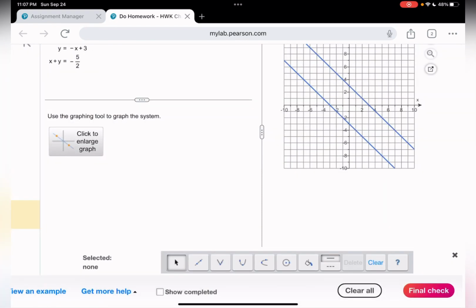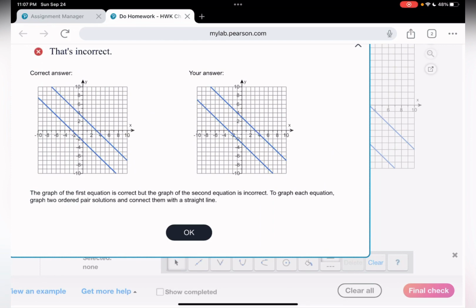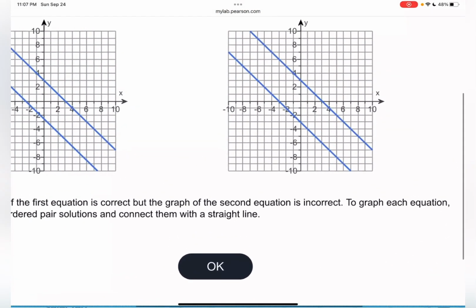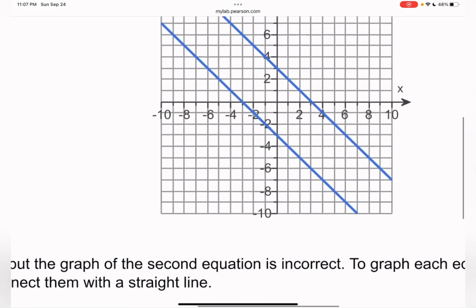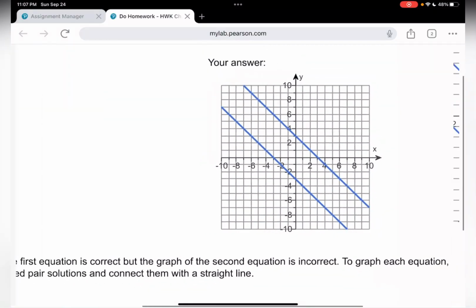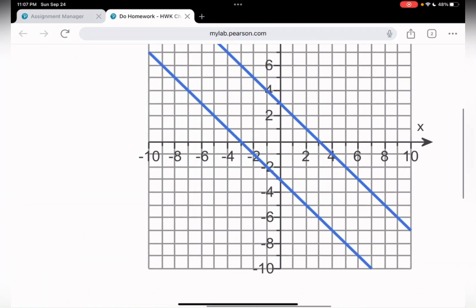Trying again. I want to see what they give us. Do you see any difference here? This is my answer. I have 0, 3 point and 3, 0 here.